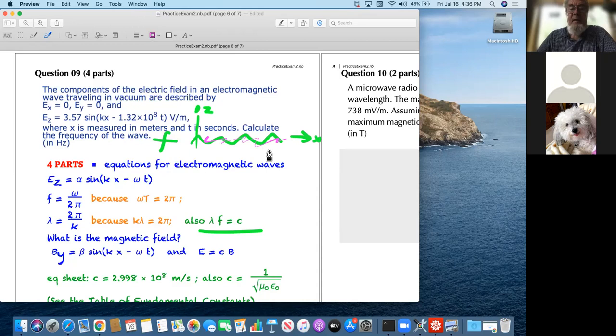The magnetic field, the electric field, and the direction of motion are all perpendicular to each other. It's an orthogonal triad. So if the electric field is oscillating in the z direction and the wave is moving in the x direction, then the magnetic field must be oscillating in the third direction, the y direction. And it'll be some amplitude B times the same sine of kx minus omega t.